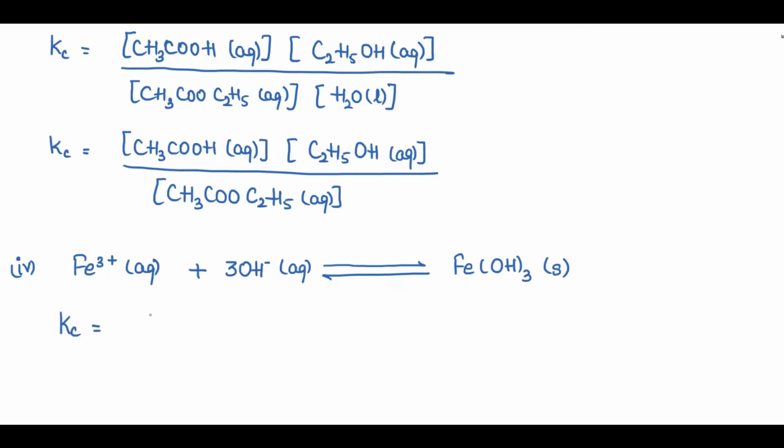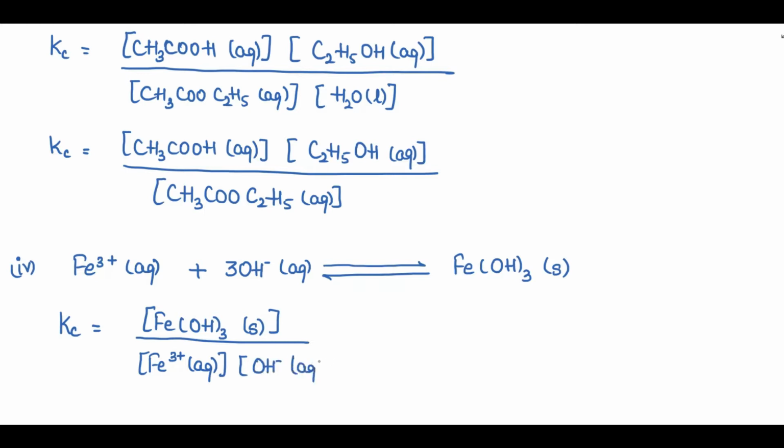So concentration of product Fe(OH)3 in solid state divided by, now concentration of reactants, Fe3+ in aqueous state into concentration of hydroxyl ions in aqueous state raised to the power of its stoichiometric coefficient, that is 3, right?